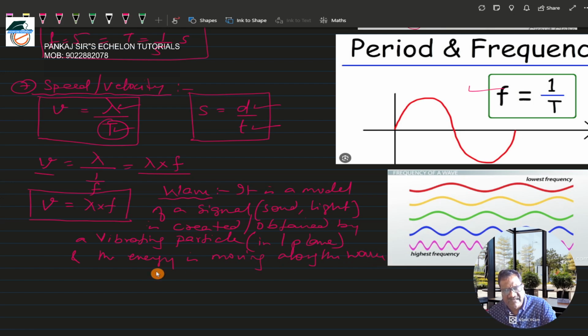The energy will be moving along the wave, and no matter is moving. These are very important aspects of a wave.